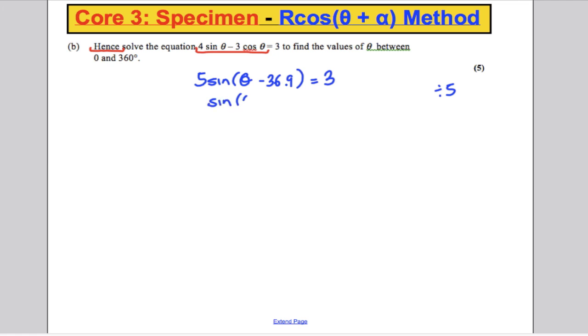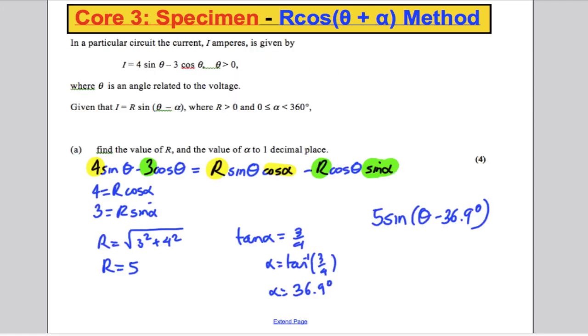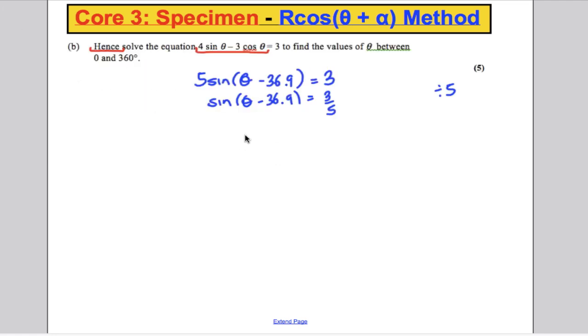Easy to solve. Divide everything through by 5. So we've got theta minus 36.9 is equal to 3/5. Just checking that was 36.9. Yes, it was. Therefore, theta minus 36.9 is equal to the inverse sine of 3/5. Tap that in your calculator, keeping your calculator in degrees mode.